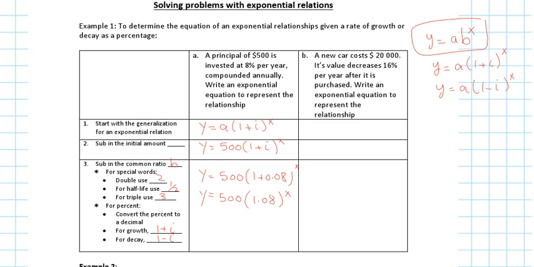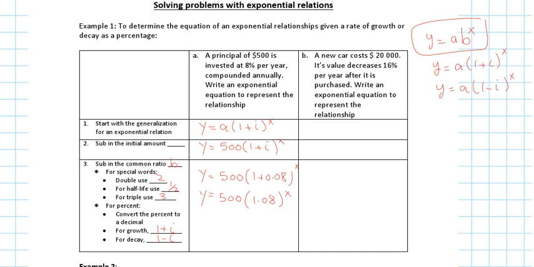Like the second example. For B, it says a new car costs $20,000. Its value decreases by 16% per year after it is purchased. Write an exponential equation to represent the relationship.